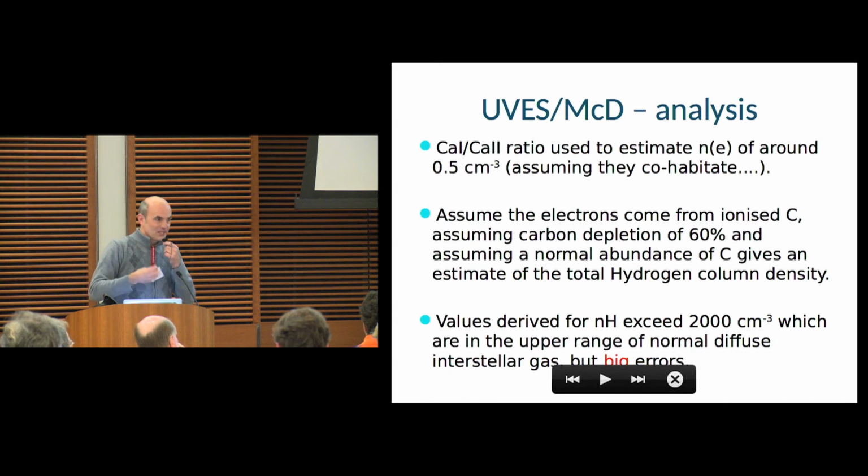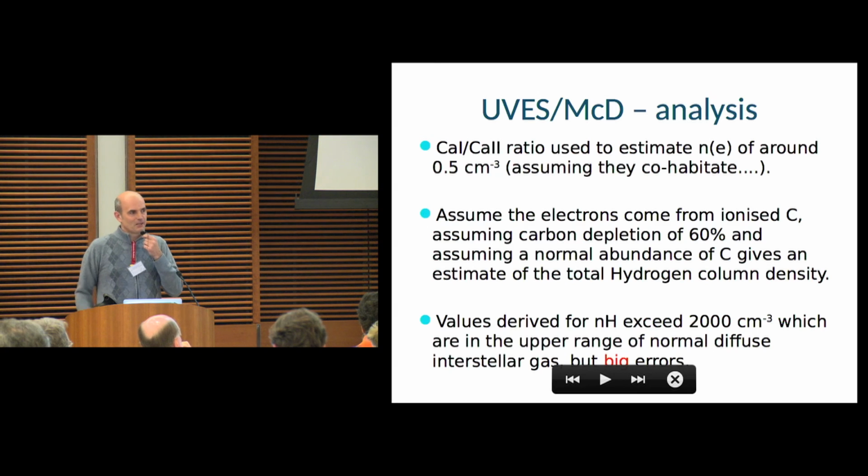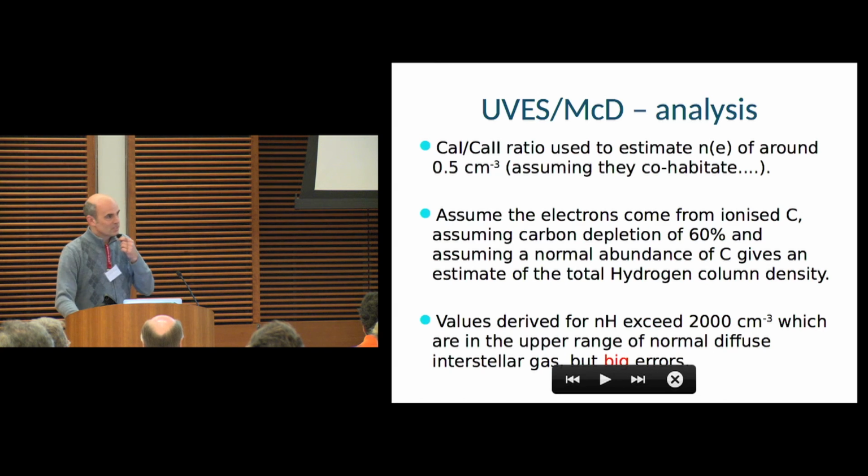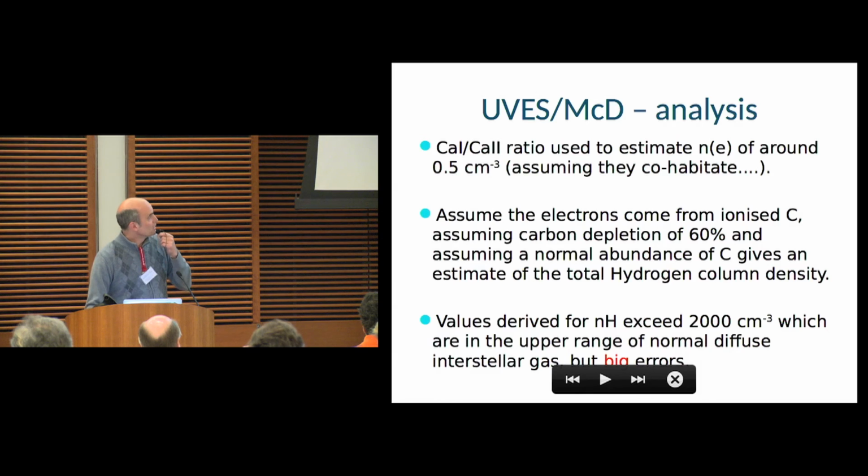Assuming that would be correct, then you assume that the electrons are produced by carbon, and then you assume a normal abundance, and you have to assume the size as well, and you get an estimate for the final density. Now the thing is, we compared these numbers for the sightlines that showed variations with the sightlines that did not show variations, and there was actually very little difference. So I think this whole methodology is borderline, I guess.